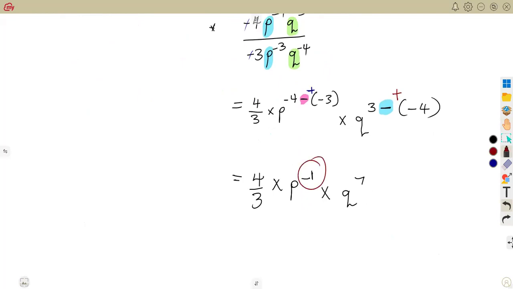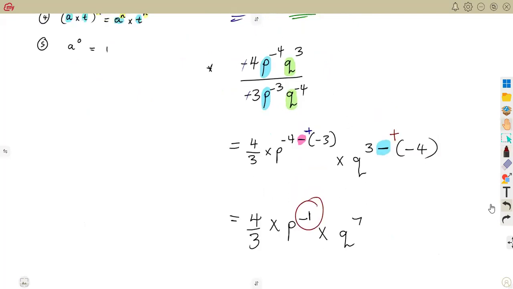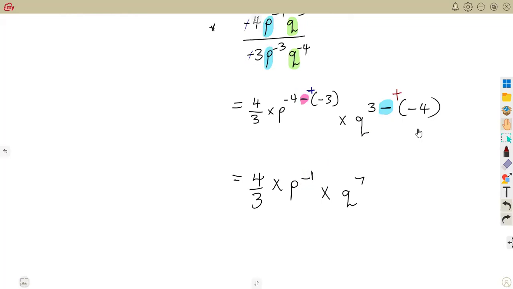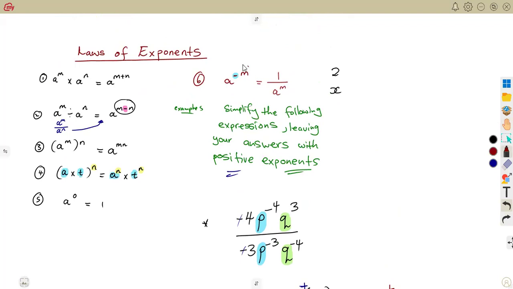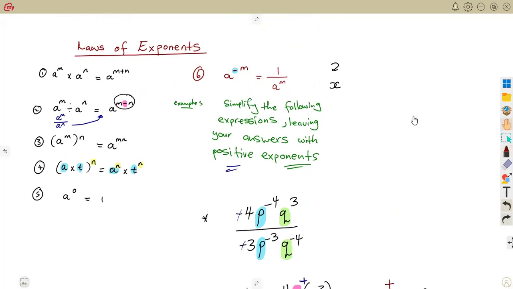So we go back to our law number 6, which says that when raised to a negative, we remove that by writing 1 over that without a negative this time, so it will carry a positive.